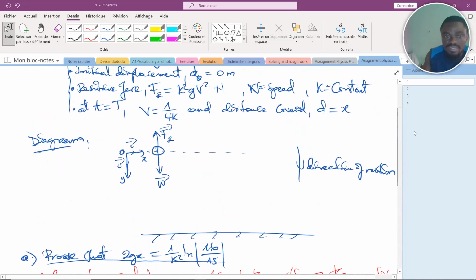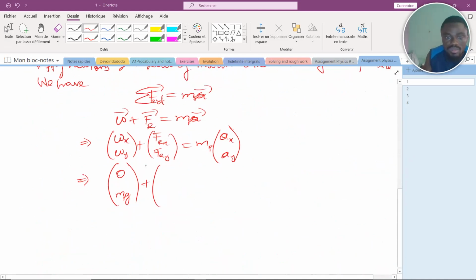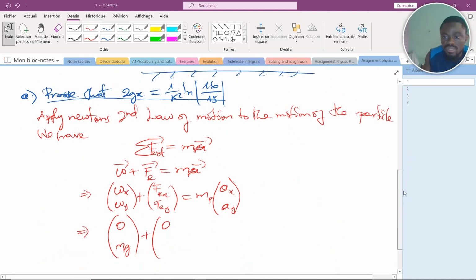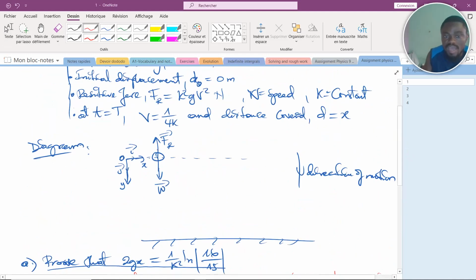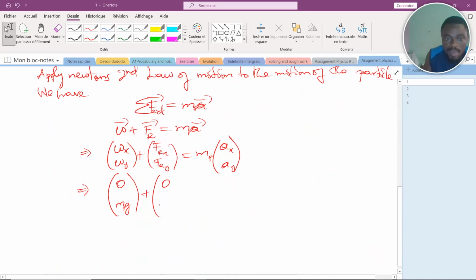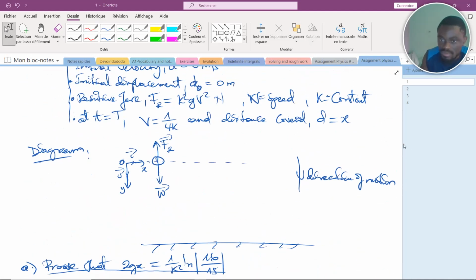The resistive force has no component in the X direction, so the component here will be 0. In the Y direction, the resistive force is acting vertically upward, which is opposite to the positive Y axis. So we have minus k squared g v squared, which equals mp into, now the particle is moving in the Y direction, not in the X direction.